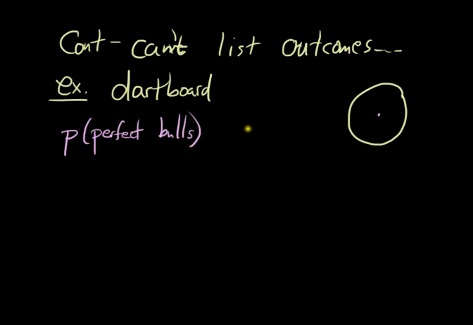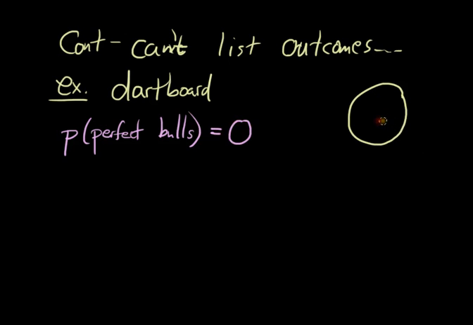Well, perfect means if I'm off by a fraction of a fraction of a fraction of a fraction of a fraction of an inch, that I missed. There's no way I could possibly hit this perfectly dead center, no matter how many times I threw the dart. So the probability of a perfect bullseye is 0.